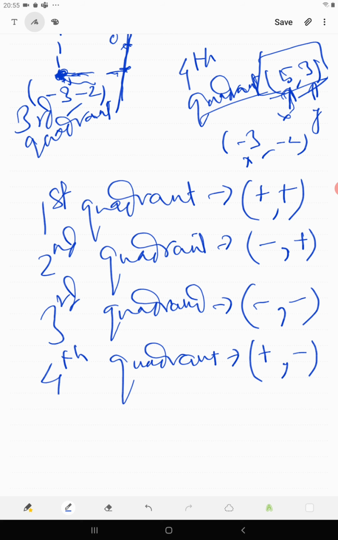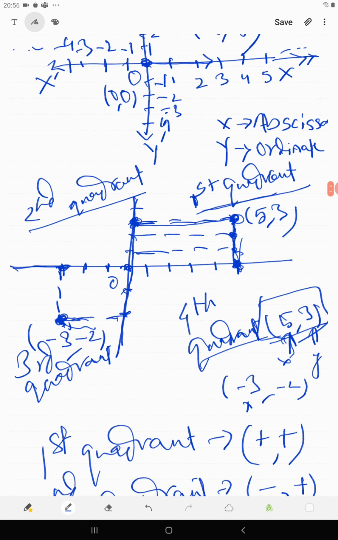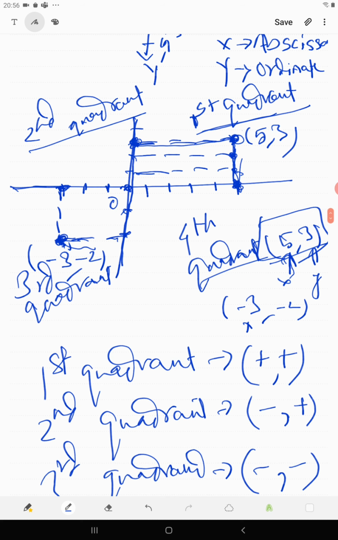If you are in the first quadrant, as I have shown you here, in this quadrant all points will have x positive and y positive, that is, abscissa will be positive and ordinate will also be positive. In the second quadrant x will be negative and y will be positive, that is, abscissa is negative and ordinate is positive.